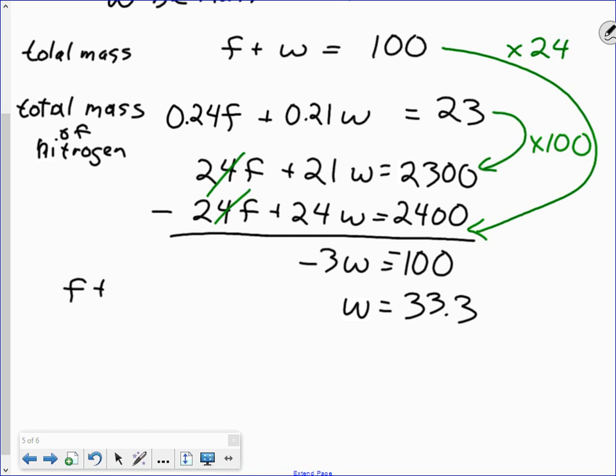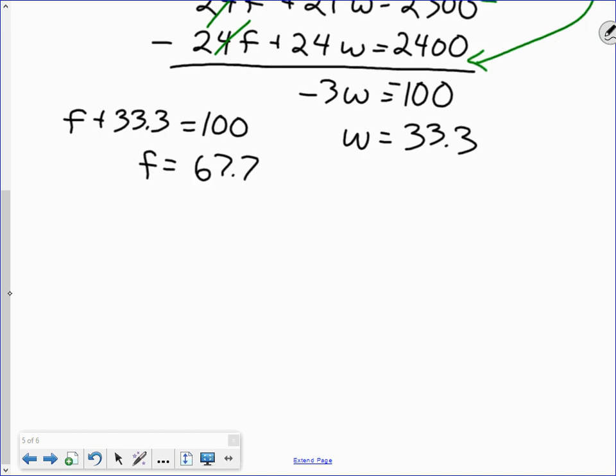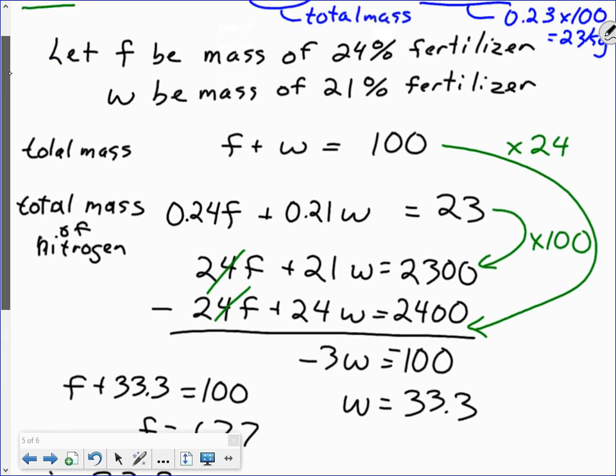F plus W equals 100. 33.3 in there for W. So F is going to be 100 minus 33.3, 66.7. There's my value for F and W. So to sum it all up, let's see, what was the question again?